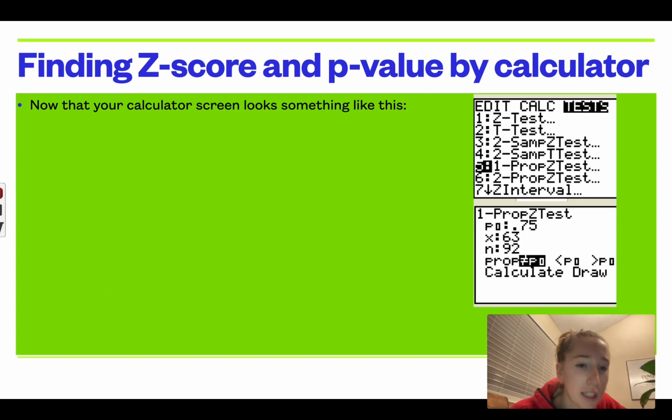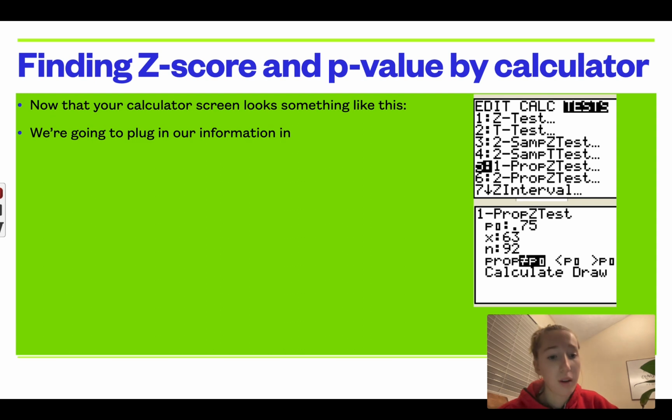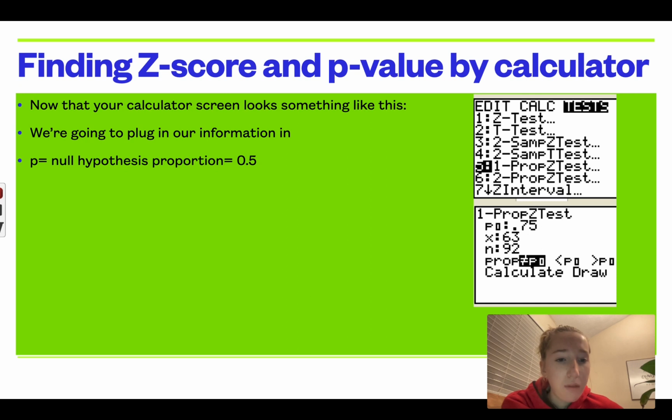Now that your screen looks something like the bottom image, except it should be blank, we're going to plug our information from the problem in. So for p0, which is the very first value, we're going to use our null hypothesis proportion, and that's going to be 50%, but when you're plugging in, you're going to want to make sure to put 0.5, not the 50.